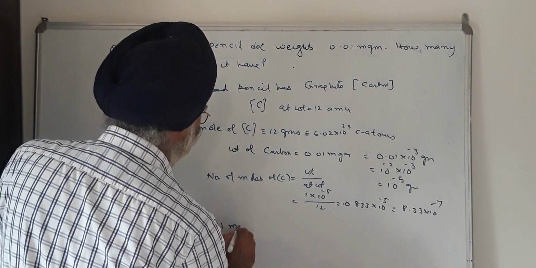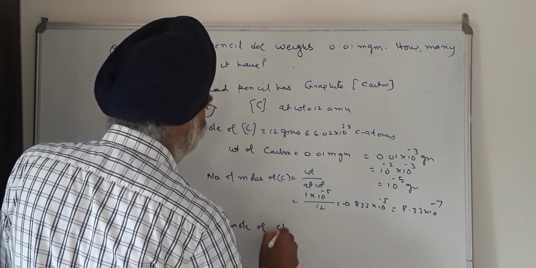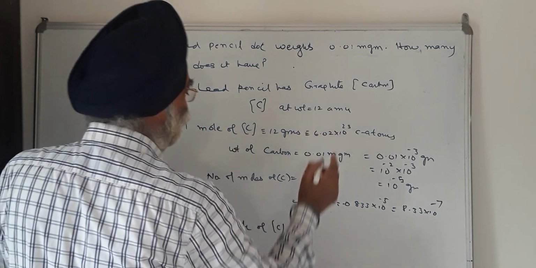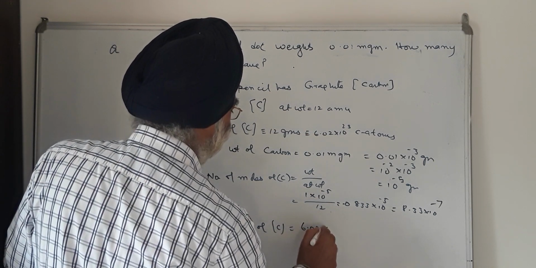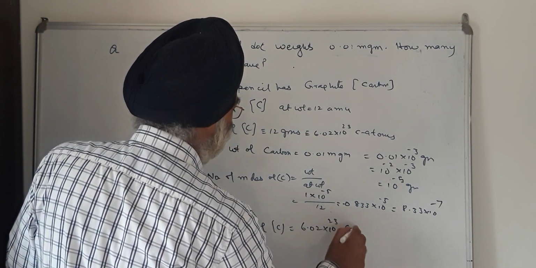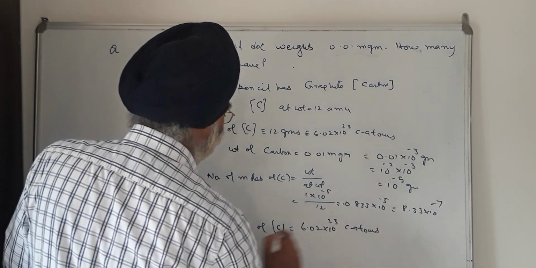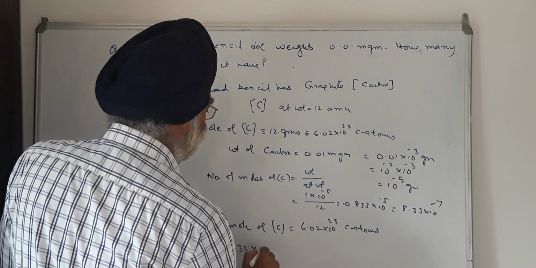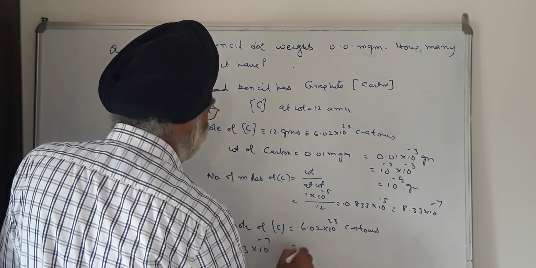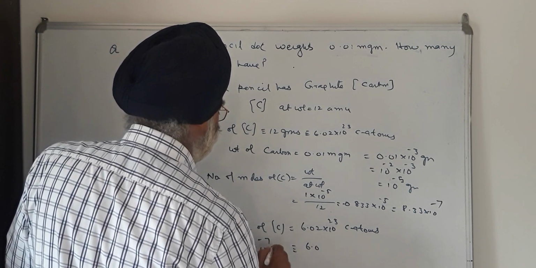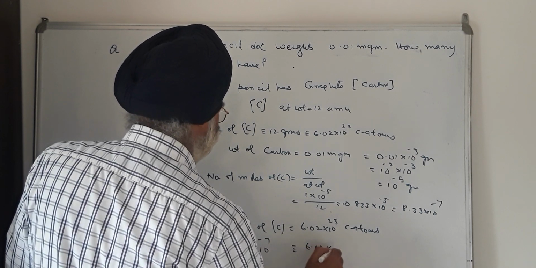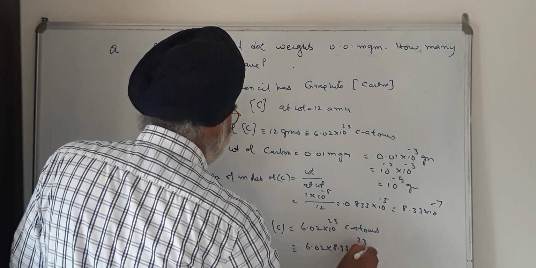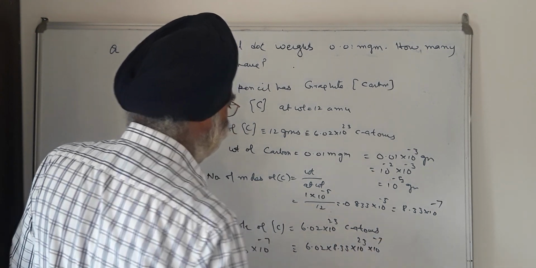1 mole of carbon has 6.02 10 raised to the power 23 carbon atoms. So 8.33 into 10 raised to the power minus 7 moles gives 6.02 into 8.33, 10 raised to the power 23, 10 raised to the power minus 7.